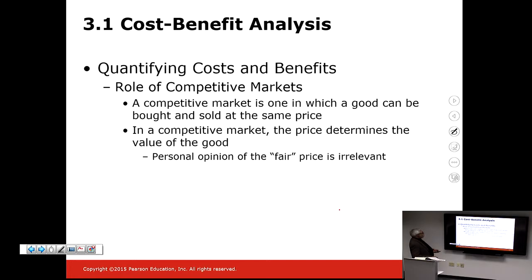So in a competitive market, what we are looking for as a characteristic of the market is that the price of a good is based on the value that the good generates, and that the price is fair, meaning it is priced to reflect its actual value.